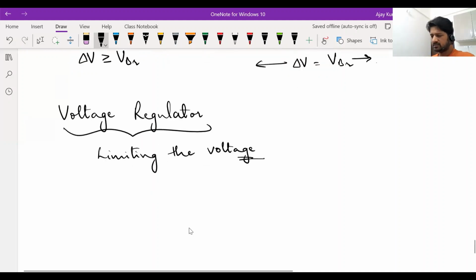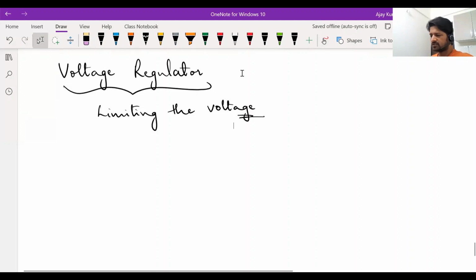Fine. Usually in AC circuits, voltage fluctuations are quite common, but the devices that we use are built to withstand only a certain amount of voltage. If the voltage across a device suddenly exceeds to a very large value, the device could malfunction. Okay, it could undergo permanent damage as well. So it is quite common to use a voltage regulator.